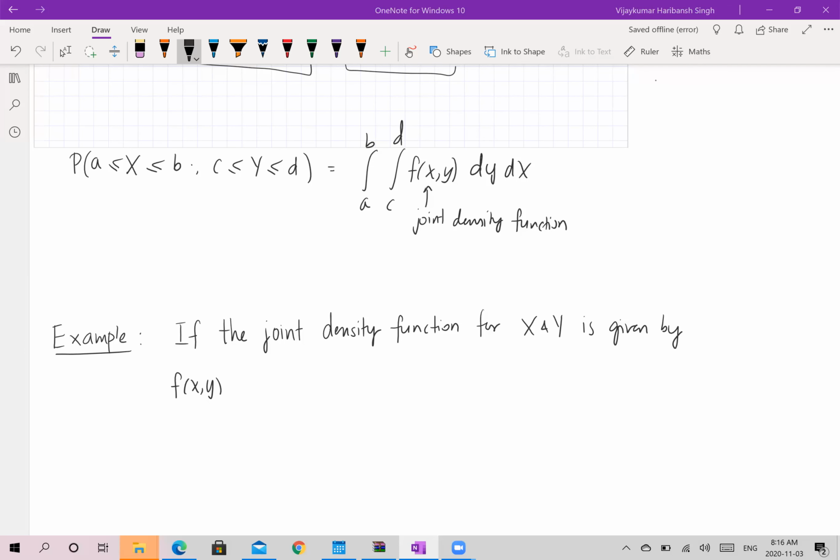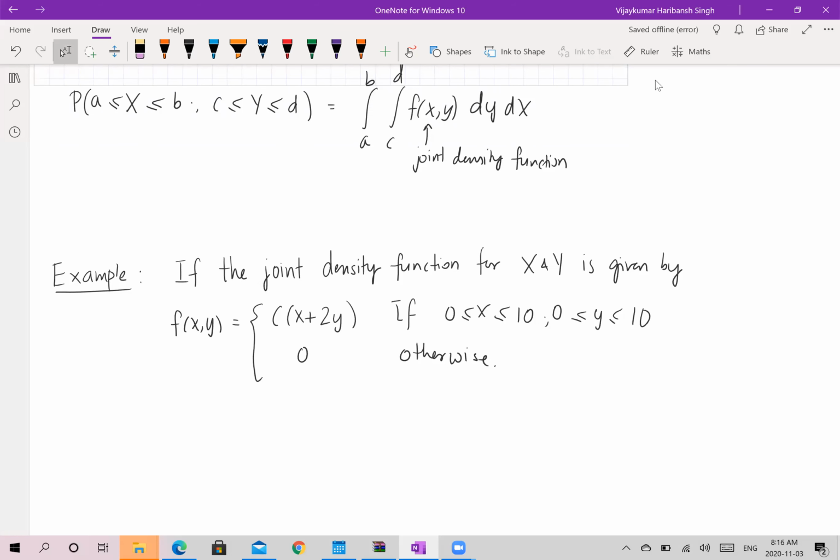So let's look at the following problem. If the joint density function for two random variables x and y is given by f of xy equals c times x plus 2y, if your x is between 0 and 10 and your y is between 0 and 10, and 0 otherwise, find the value of c.